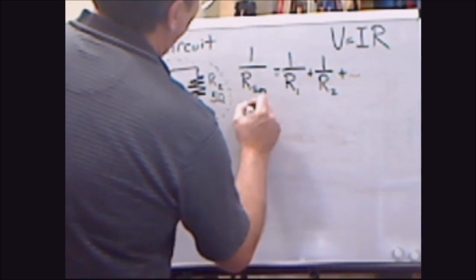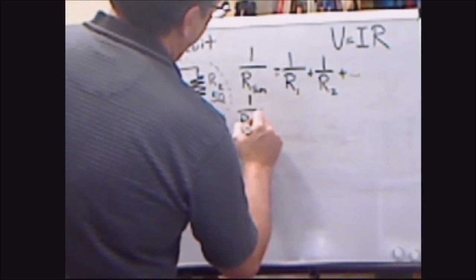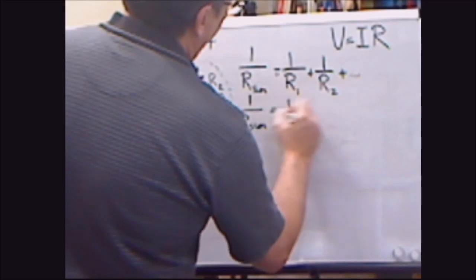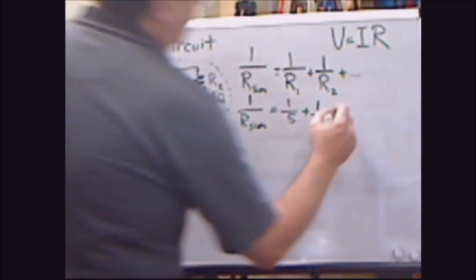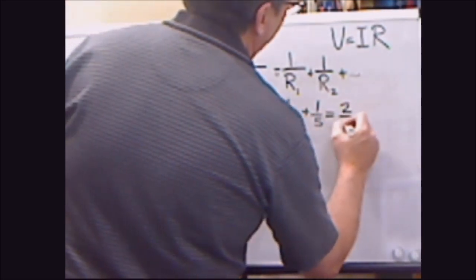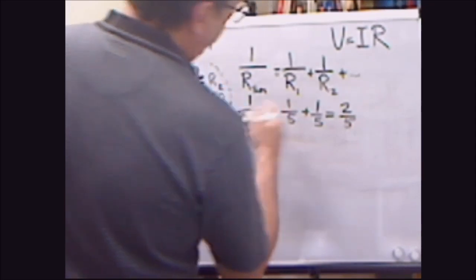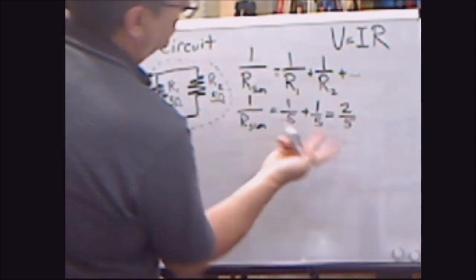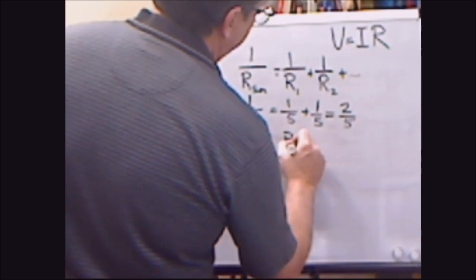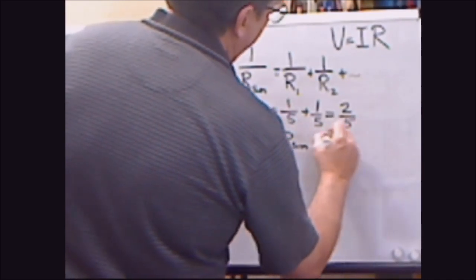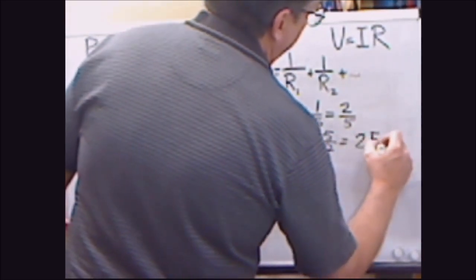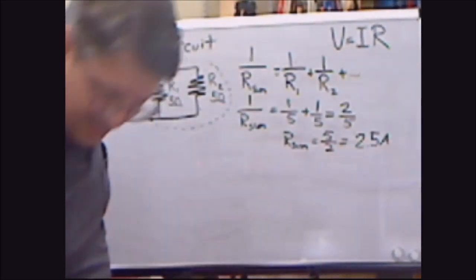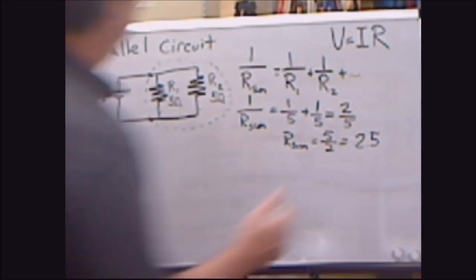So in this case, we're going to have 1 over R sum equals 1 over 5 plus 1 over 5, which is going to equal what? 2 over 5. So now that we have this, we can just take the reciprocal, and R sum equals 5 over 2, which just happens to equal 2.5 ohms.